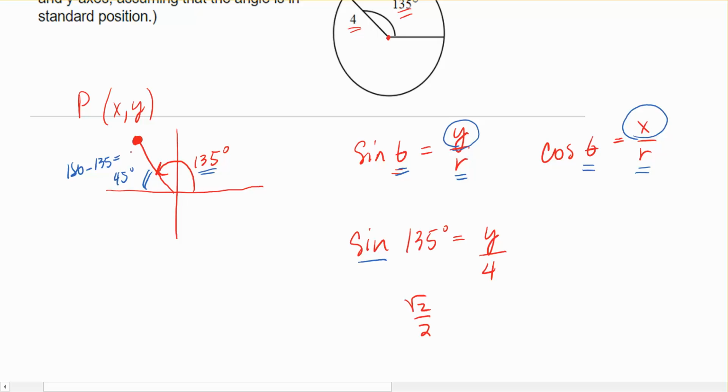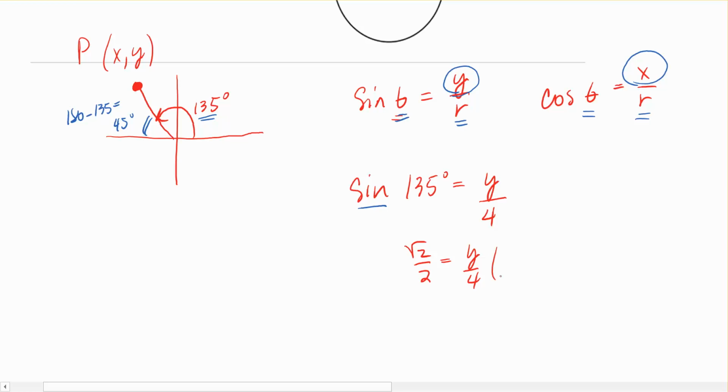So hopefully you're understanding the idea behind reference angles and how we apply them. So if the sine of 135 degrees is the square root of 2 over 2, and that's equal to y divided by 4, I have a simple equation now to solve. I'm going to multiply both sides by 4. This 4 reduces with that 2, leaving me with 2 square roots of 2 is equal to y.